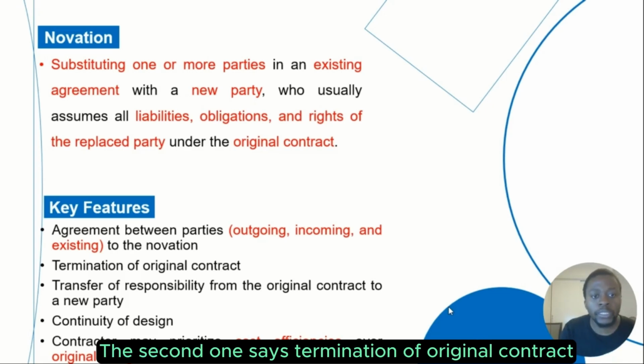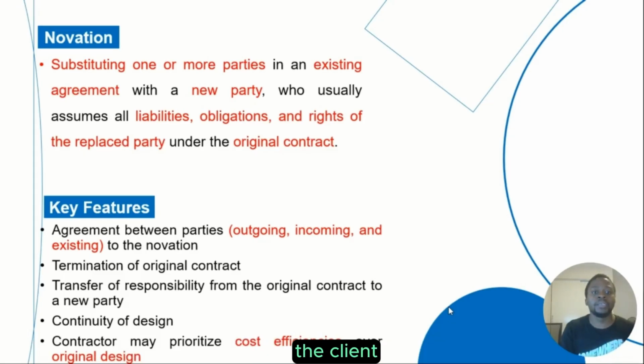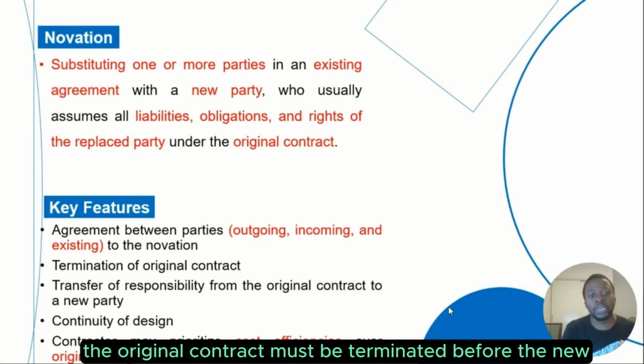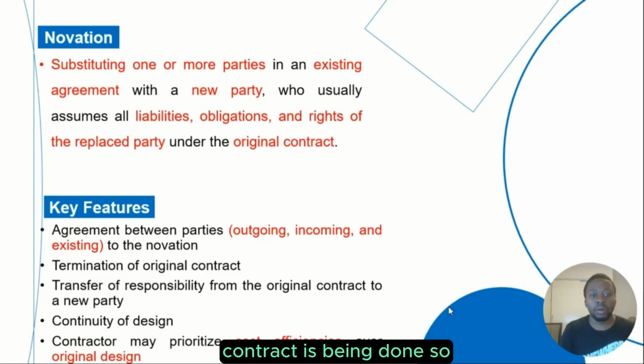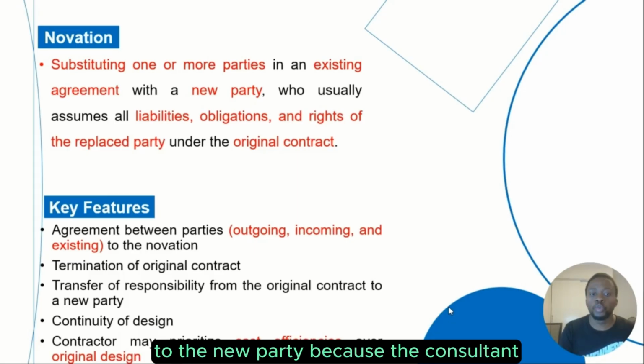The second one says termination of original contract. The agreement between the consultant and the client, the original contract, must be terminated before the new contract. So another thing is there is transfer of responsibility from the original contract to the new party.